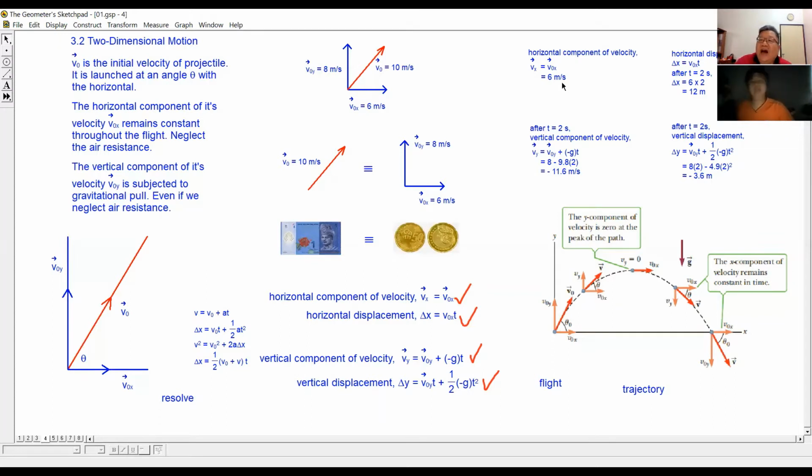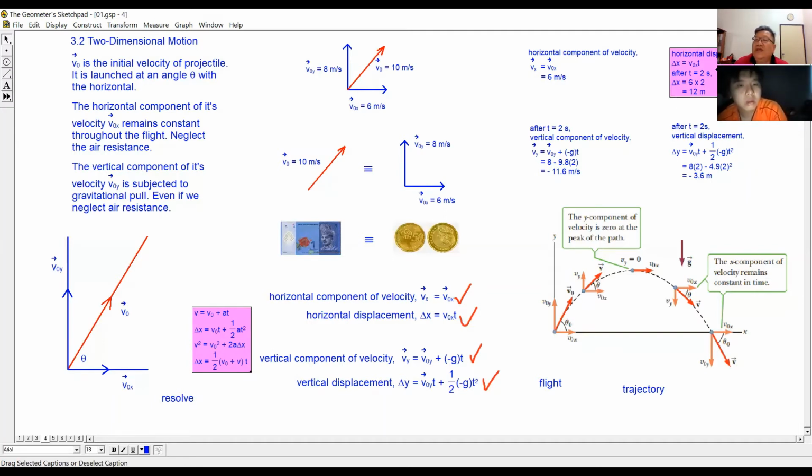So now let's say after 2 seconds, how far in front it has traveled. So I find the horizontal displacement. You don't have to use this troublesome type of equation, because it is moving with constant velocity.